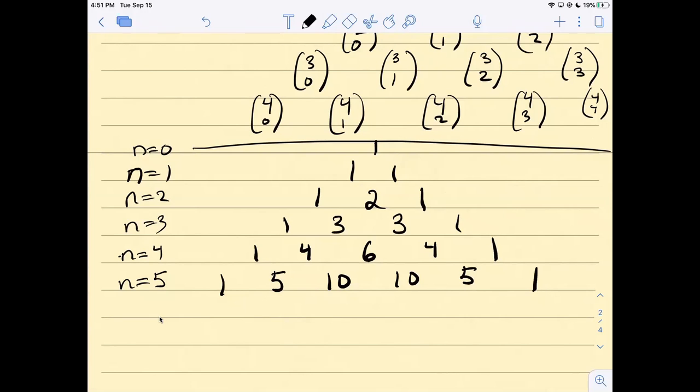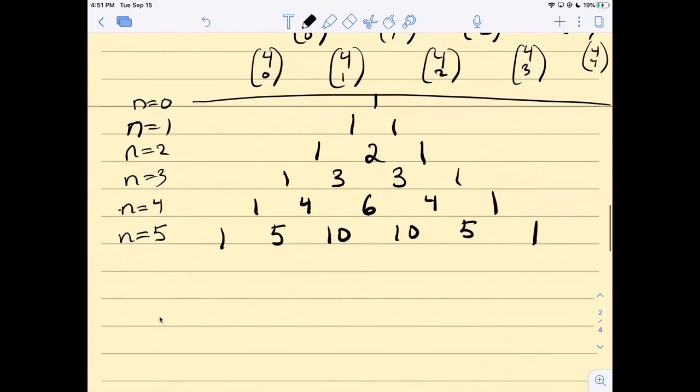Let me ask, because it's a little ambiguous, what do you mean by the 15th row? On one of our practice problems, it says row 22. Does that count n equals 0, or does it start at n equals 1? I believe that counts n equals 0. So that means it would be n equals 21.